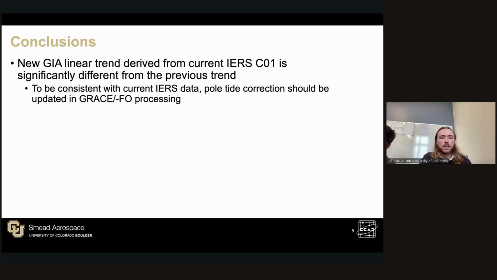So conclusions. The new GIA linear trend derived from current IERS C01 products is significantly different than the previous trend, which will alter the GRACE follow-on pole tide correction. And to be consistent with current IERS data, the pole tide correction should be updated with the new linear trend from the current IERS C01 product.